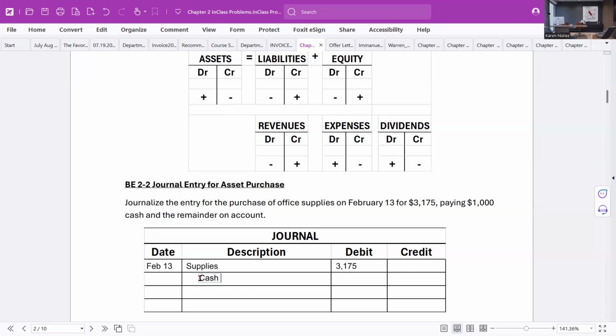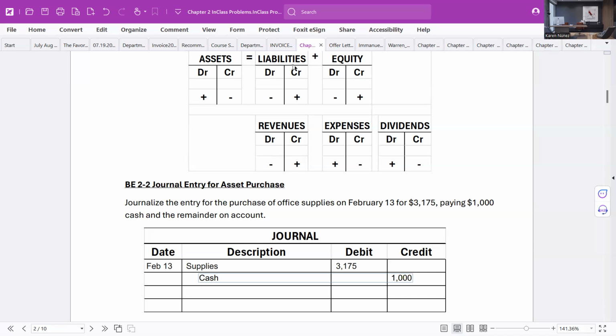And in this case, we are only paying $1,000. So we are buying these supplies that actually cost $3,175, but we're only able to come up, if you will, with $1,000 in cash. What happens to the rest of it? Well, the rest of it we promise to pay on account, right? The remainder is on account. That's an account payable, right?